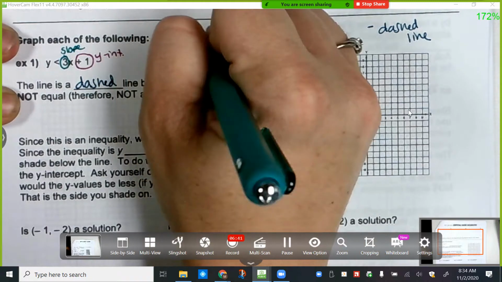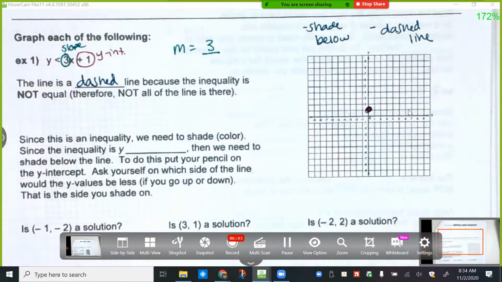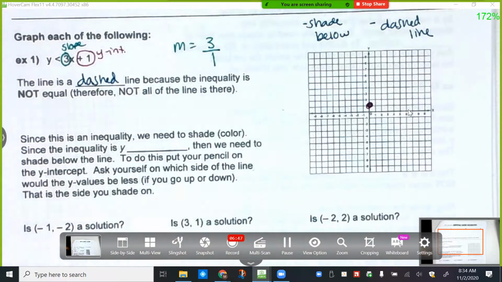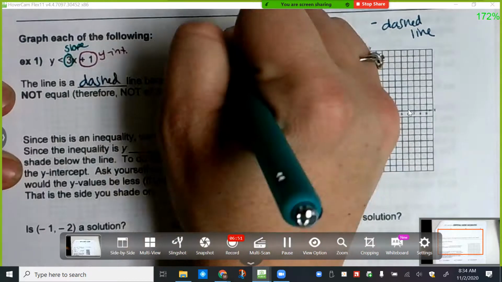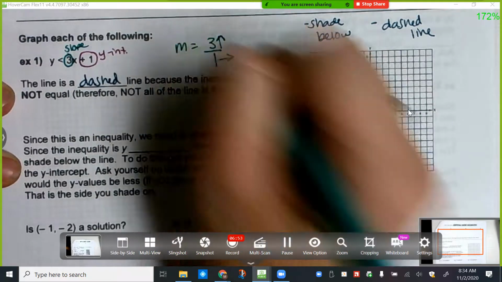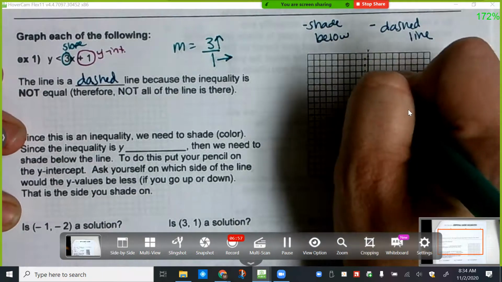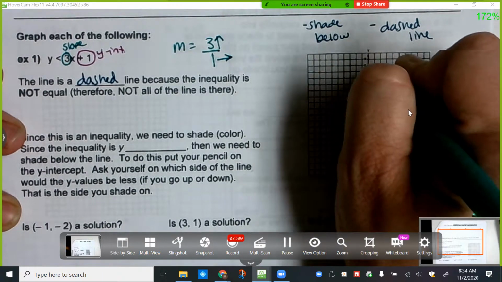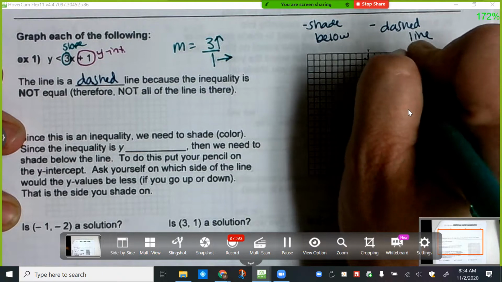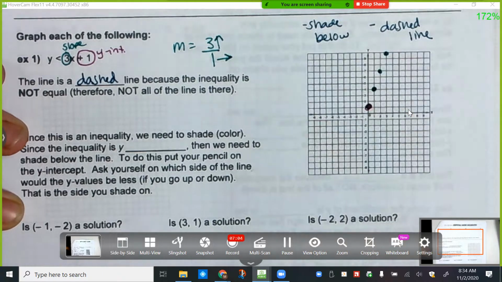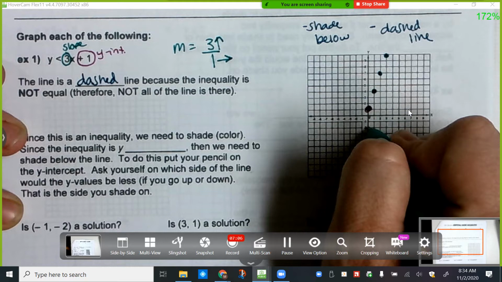Now, I always want slope to be a fraction, so what can I put under it to not change anything? 1. Now, this is positive, so from left to right, it should go up, right? Okay, so that means I'm going to rise because it's positive 3 and run to the right because it's positive 1. So rise 1, 2, 3, run 1. And then I can also do opposite, opposite, and go down 1, 2, 3, left 1.